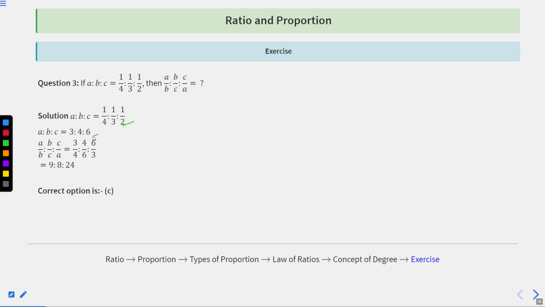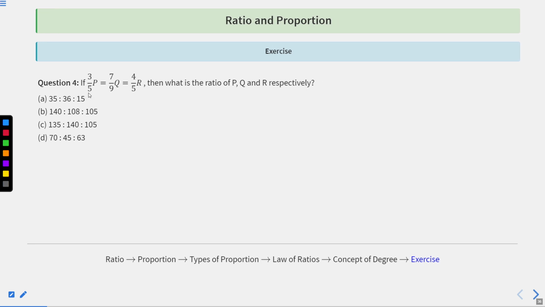Now A upon B is to B upon C is to C upon A is going to be 3 upon 4 is to 4 upon 6 is to 6 upon 3, which when simplified gives you 9 is to 8 is to 24. So the correct option here is option C.